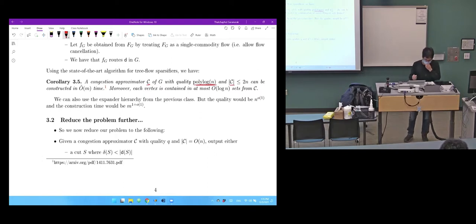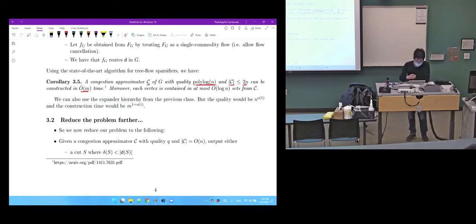Because this congestion approximator is defined from the tree, the number of cuts that we need to look at is just 2n. And one can construct it in linear time too. So this is a bit better than what we actually show in class. In class, we show expander hierarchy that implies a slightly worse congestion approximator, but it's almost the same.